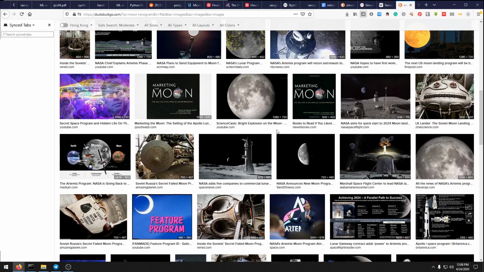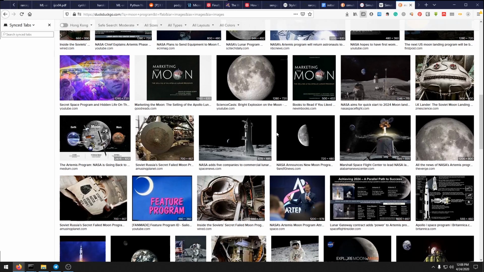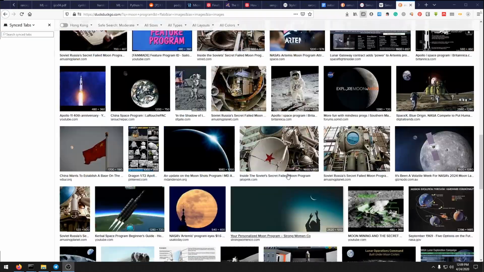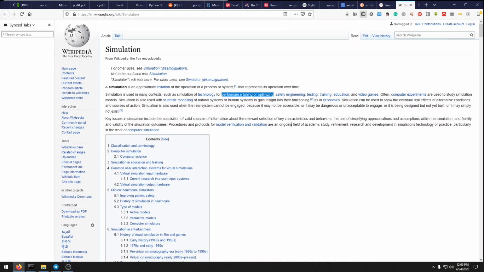On the Earth they ran multiple simulations to see what's the right time, what's the right altitude, and after that they gave instructions to the astronaut. And here was a lot of burden on the astronaut. If they saw something going out of what was predicted by the machine, they needed to adjust it, right? So we use simulation technology for performance tuning, for optimization, for safety engineering, testing.